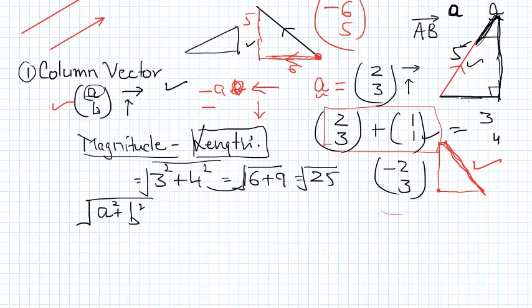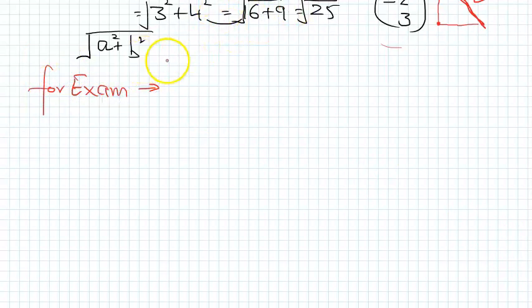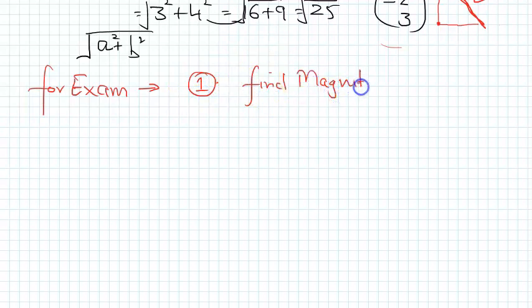Now from the examination point of view, what you have to know is that they ask basically 4 things. Number 1, find magnitude, which I have already told you.